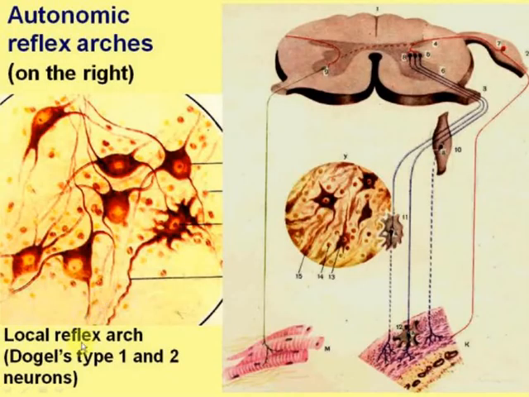This picture demonstrates Dogiel type 1 effector neurons with long axons and short branching dendrites, and Dogiel type 2 neurons with equal processes. These are sensory neurons. So these two types of neurons can compose simple reflex arches inside inner organs.